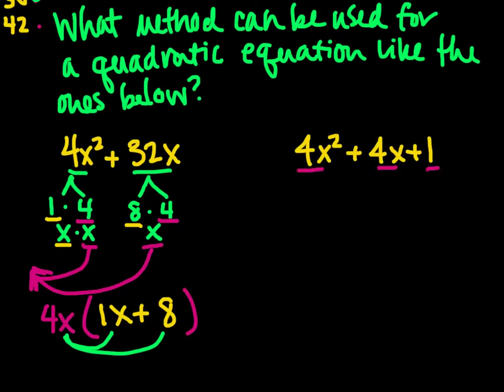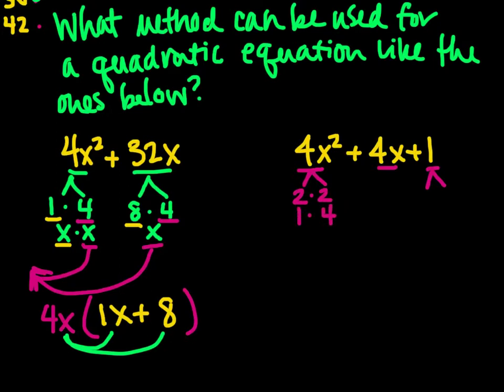I have 4x squared plus 4x plus 1. I need to factor this as well. And I'm going to use a similar method as looking at some of the factors on these end parts. If I look at 4x squared, I can say this is 2 times 2, or I could also say it's 1 times 4.